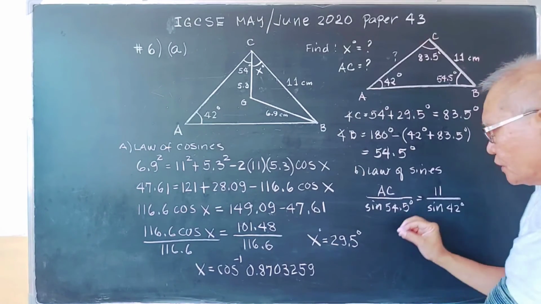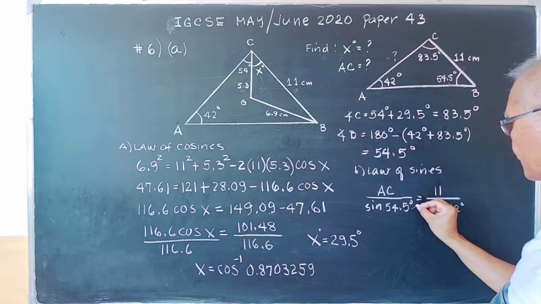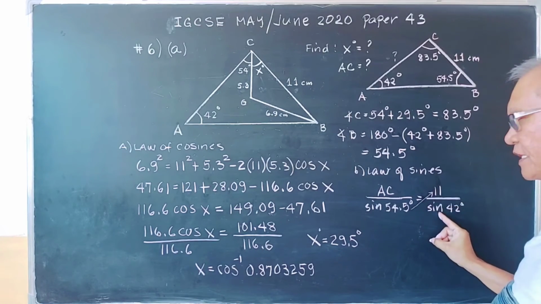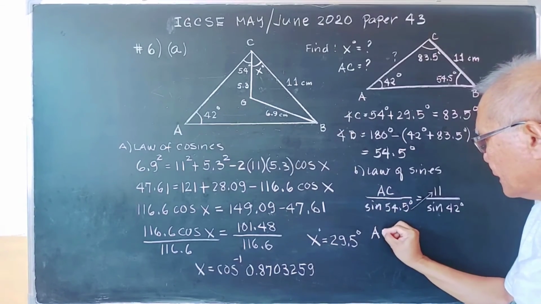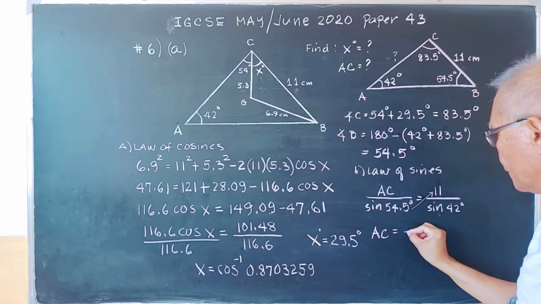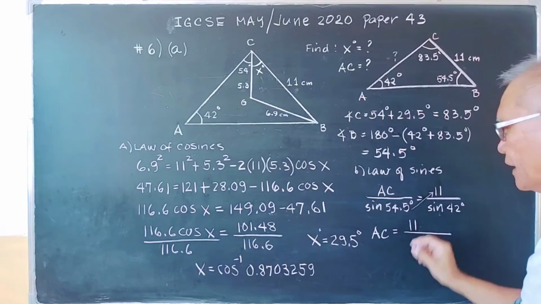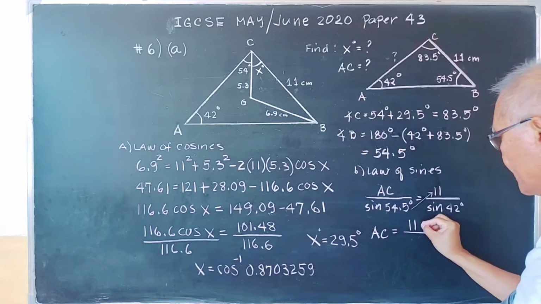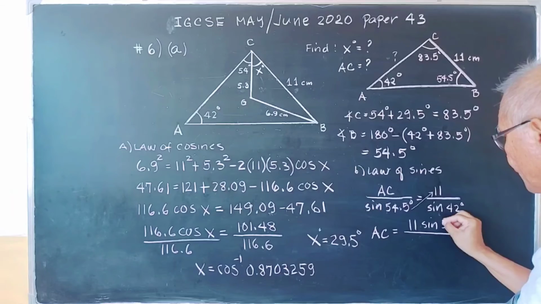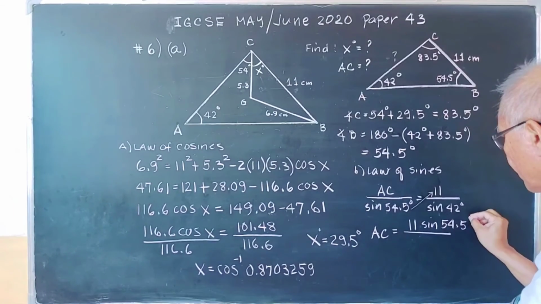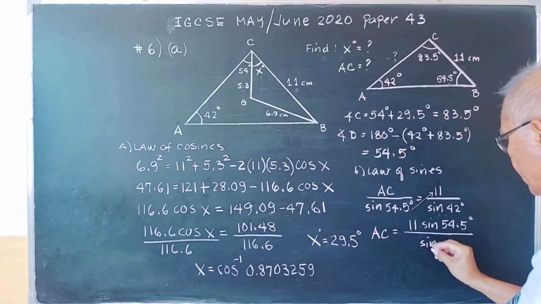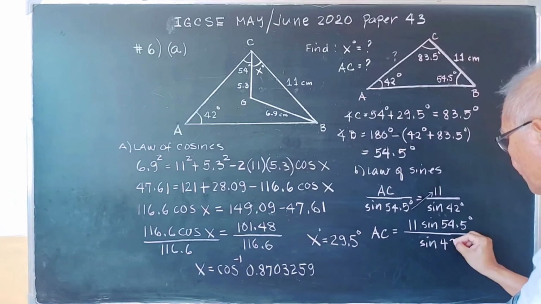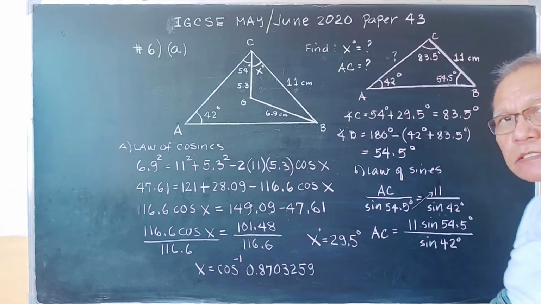So we just cross multiply, taking 11 and leaving sine 42 degrees here. So AC is equal to 11 times the sine of 54.5 degrees over the sine of 42 degrees.